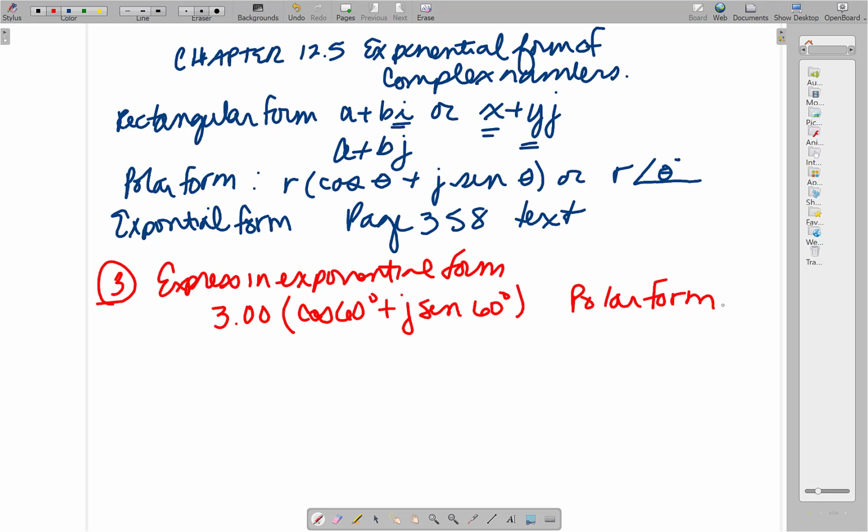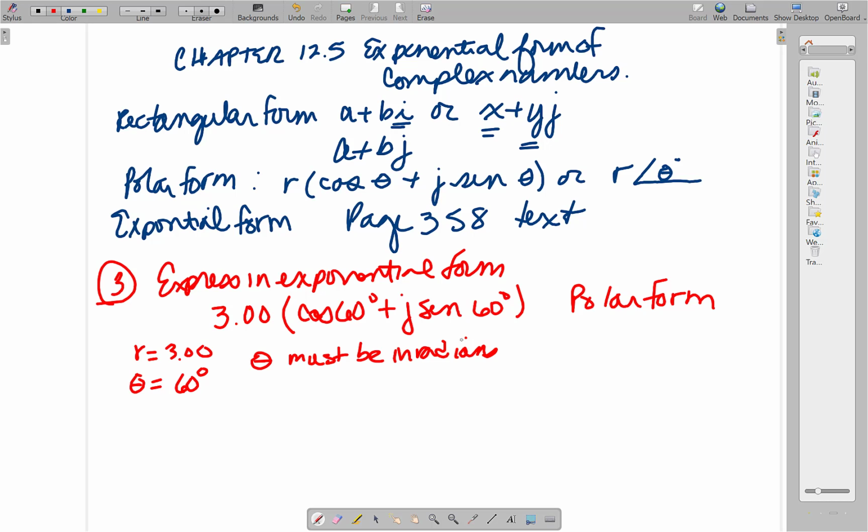So let's list what we have. We have r is equal to 3.00. We have theta is equal to 60 degrees. Now, in exponential form, theta must be in radians. So we're back to changing between radians and degrees. You can use your calculator to do that, as we did for a while in our class.